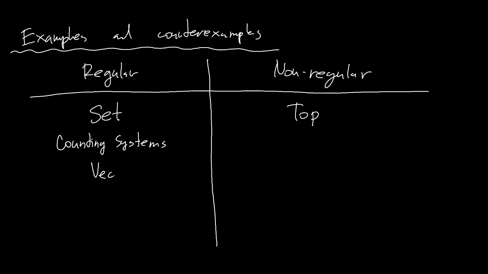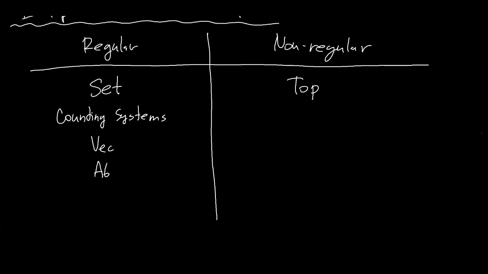Vector spaces is regular. Abelian groups is regular. Metric spaces. Not regular. Metric spaces do not even have products. In general, monoidal categories are not regular. Topological space is an example of such a category.